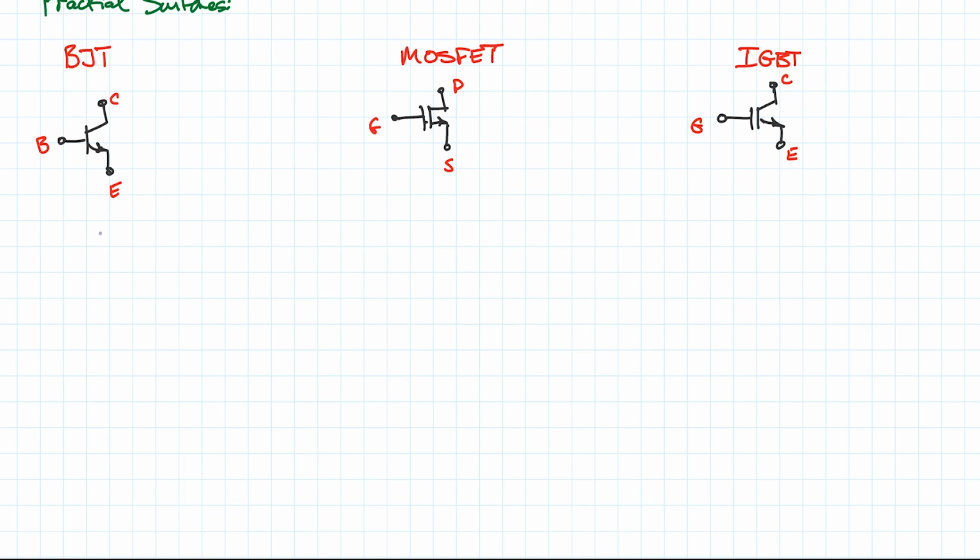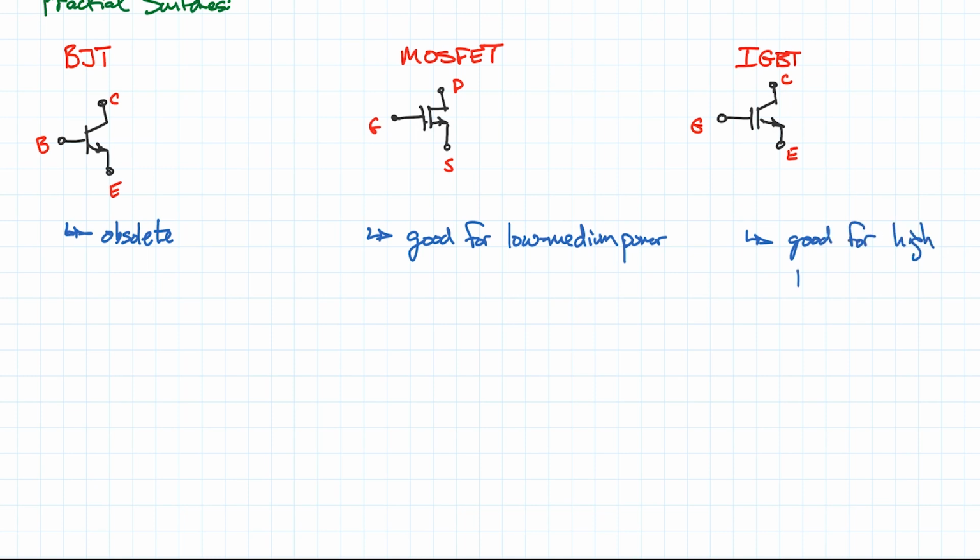What else is worth mentioning here? This is practically obsolete, so we hardly ever see these used in power. These are good for low to medium power, and then these ones are good for high power.